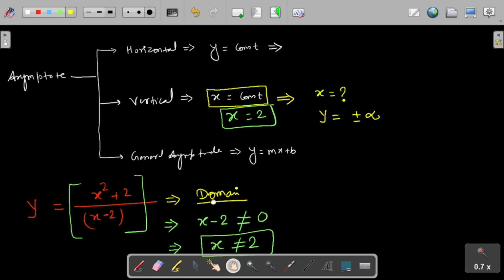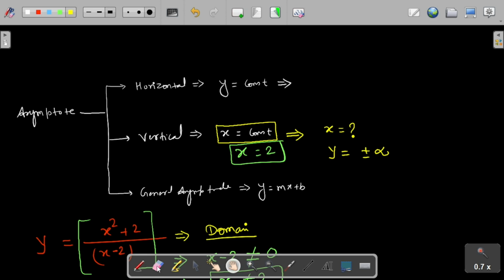Similarly, for a horizontal asymptote, its meaning is, if x tends to plus or minus infinity, if we increase our x to infinity or minus infinity, what will be the finite value of y, or you can say what's the limiting value of y.